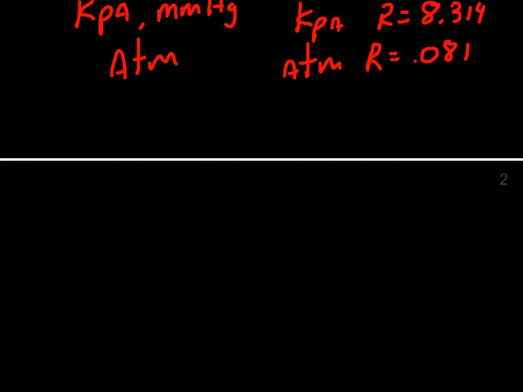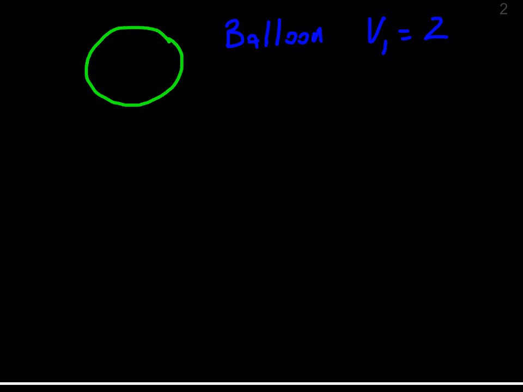So here's how a problem might look. I'll do one. Let's say I have this gas, and it's in a balloon. The balloon has a volume equal to 2 liters.